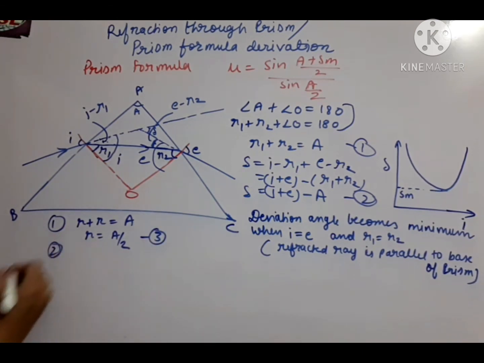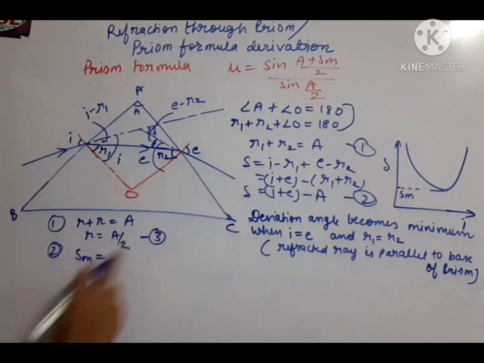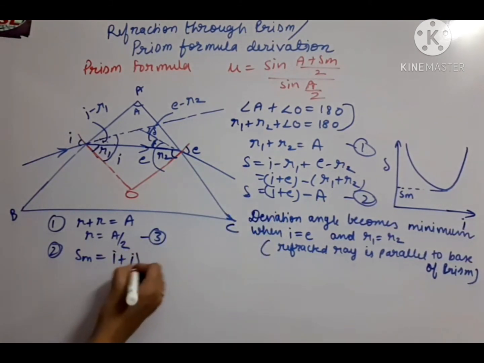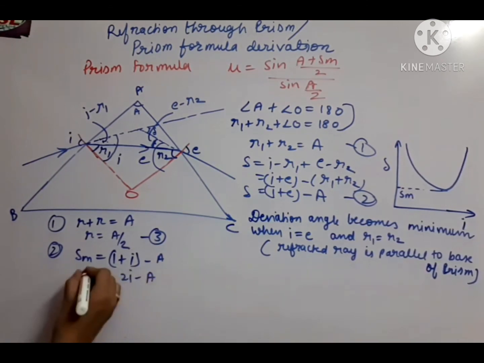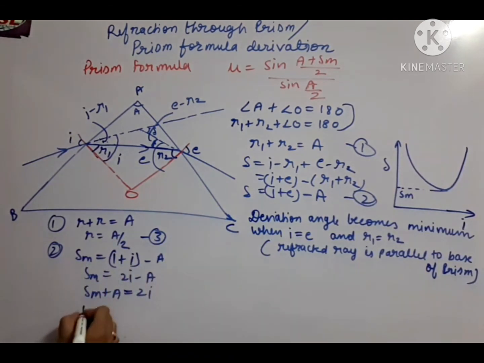Now in the second equation, delta is minimum when I and E are equal. So I plus I minus A, so 2I minus A is delta M. So delta M plus A equals 2I. This A is shifted here. So I equals delta M plus A by 2. This is our fourth equation.